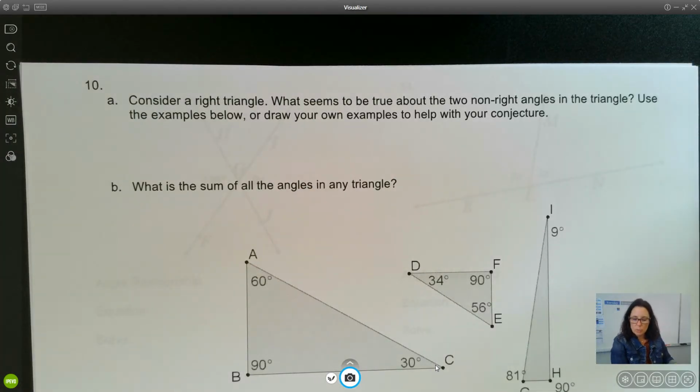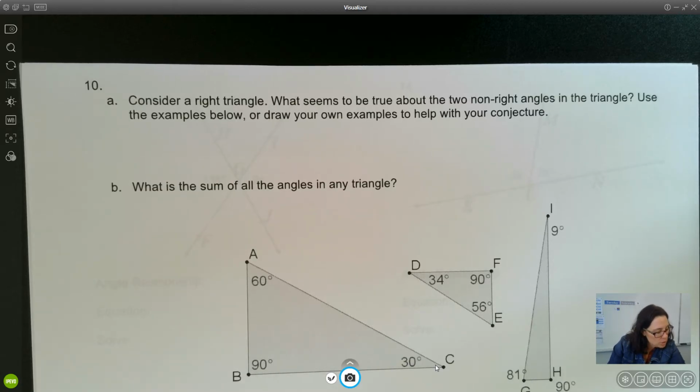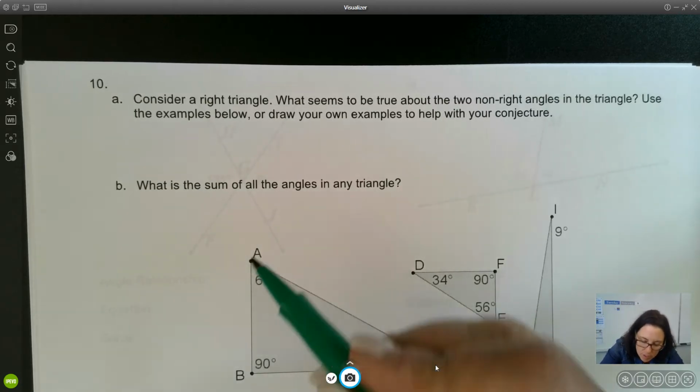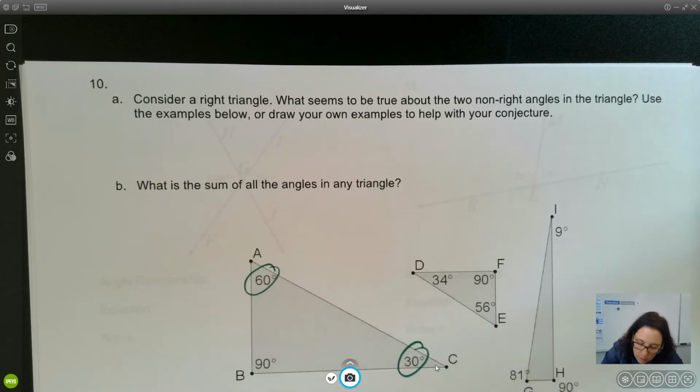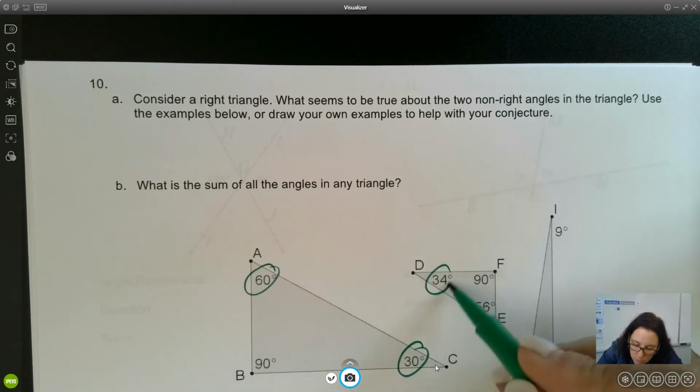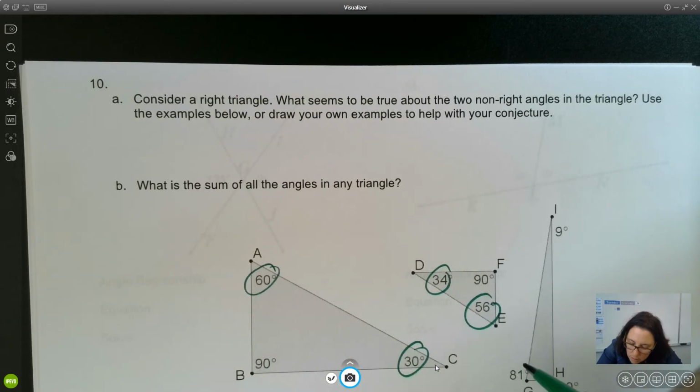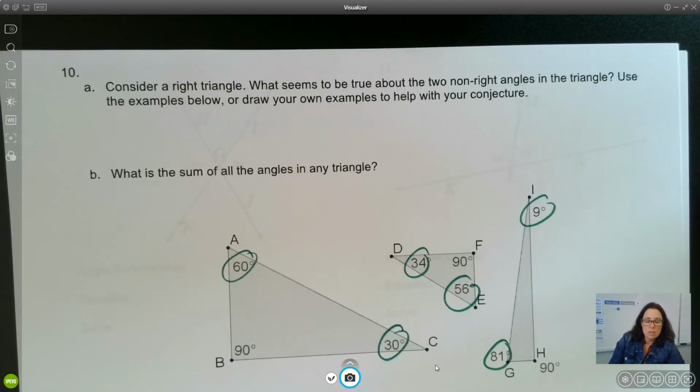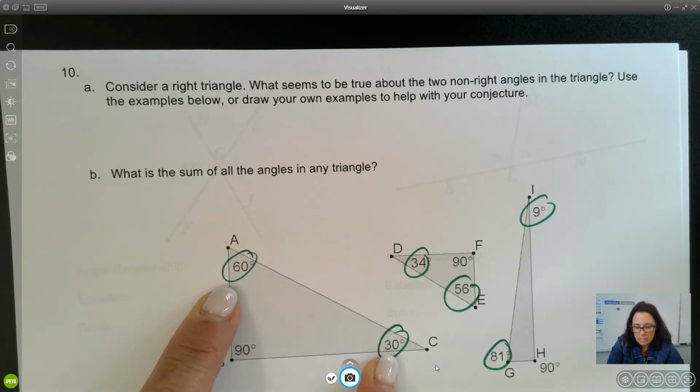Consider a right triangle. What seems to be true about the two non-right angles in the triangle? Use these examples below or draw your own examples to help with your conjecture. Let me answer that. So the two non-right angles, this one and this one, this one and this one, hopefully you can see that these add to 90.